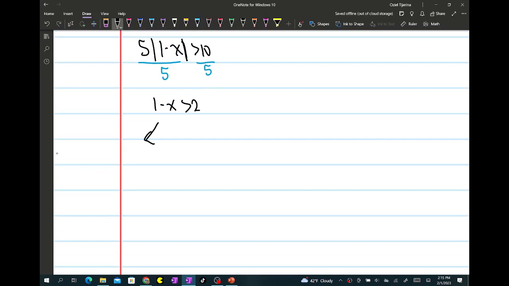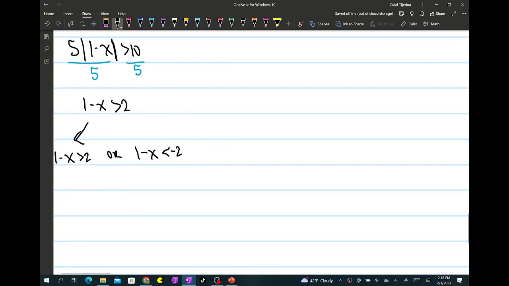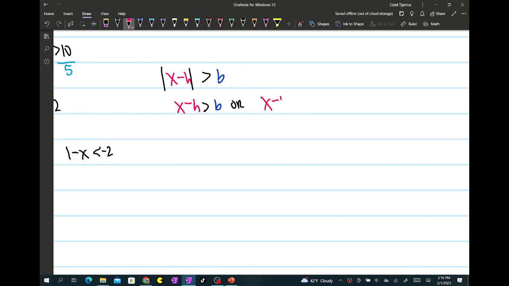Now, this gives me two things: 1 minus x is greater than 2, or 1 minus x is less than negative 2. So really, when you have an expression x minus h, absolute value, is greater than, let's say, b, then that means that x minus h is greater than b, or x minus h is less than negative b, right?